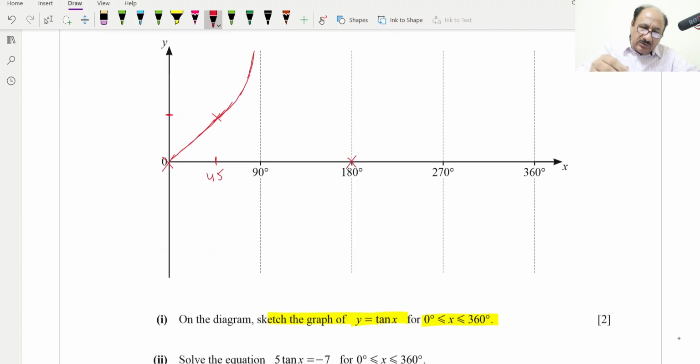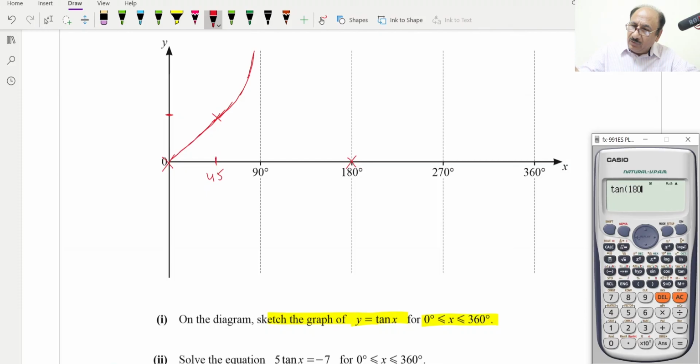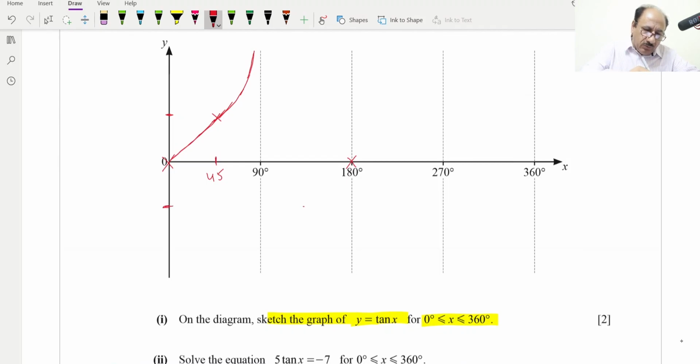So again this part, and now we can check tan of 91. Tan of 91 is equal to minus 57, and in between 90 and 91 we can check 90 plus 45, which is 135. So we will check tan of 135. This will be equal to minus 1, and we can take minus 1 level over here.